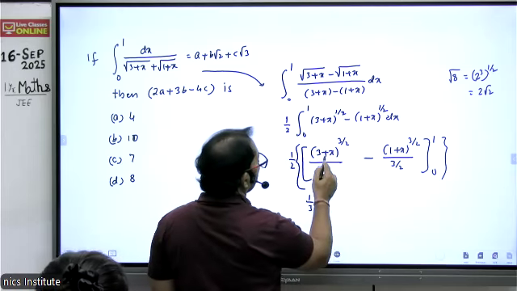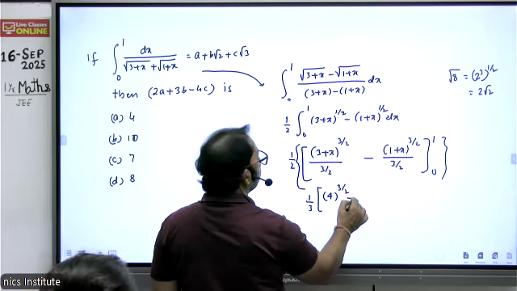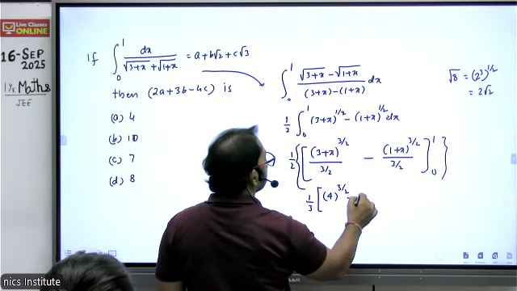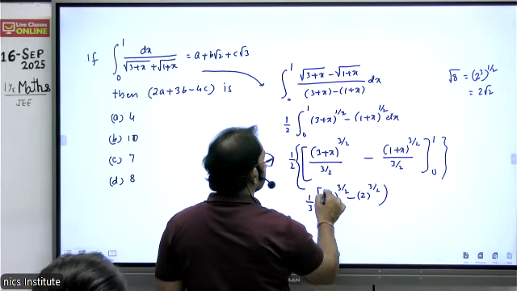Now put the limit 1. 4 to the power 3/2 minus, then when you put 1, 2 to the power 3/2, right?